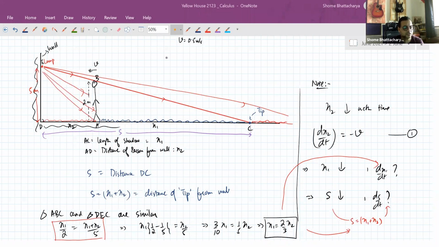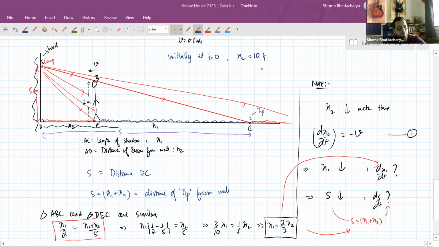Of course, initially at t equal to 0, x2 is equal to 10. For example, at some general time t, x2 will become 10 minus 0.5 t.